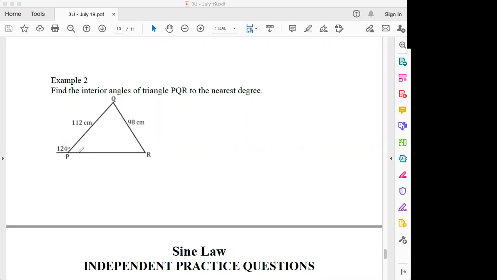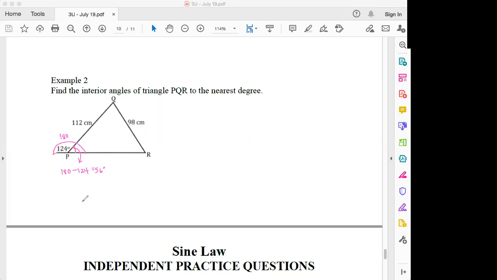Here is where it gets started. If this is 124, this whole line here is going to be 180. So we want to find out what this small one is. It's going to be 180 minus 124, so that little angle there is 56. You don't even need to use the sine law for that.